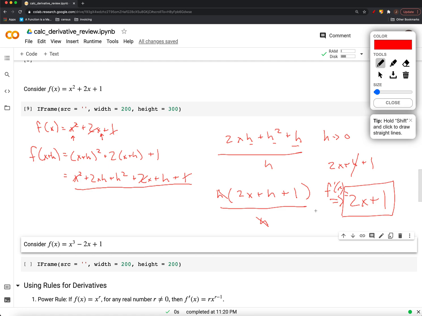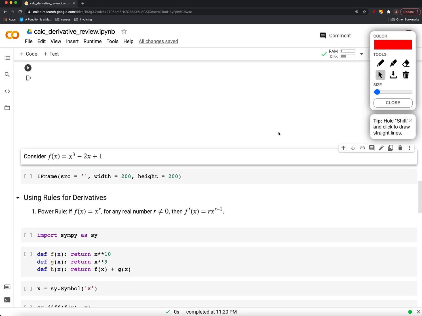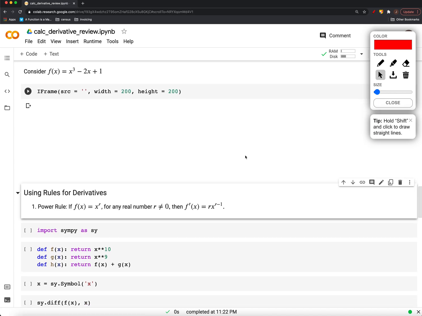All right, so depending on the function, these expressions may be less unwieldy or more unwieldy. Final one, let's look at a cube. So we have x cubed minus 2x plus 1. Again, we just got to take our time and find our two pieces. f of x, that's x cubed minus 2x plus 1. We know that. So what's f of x plus h?